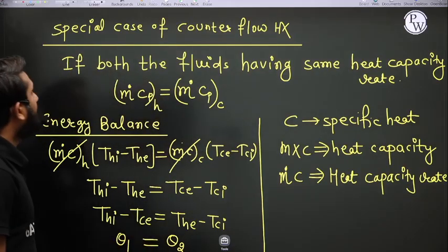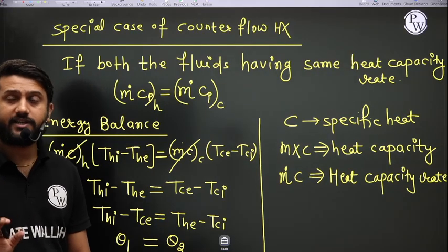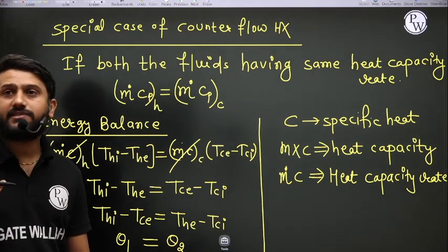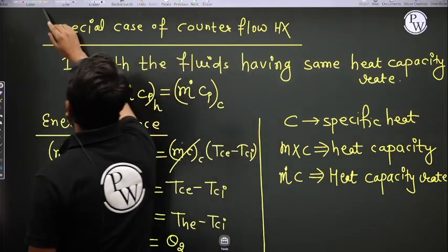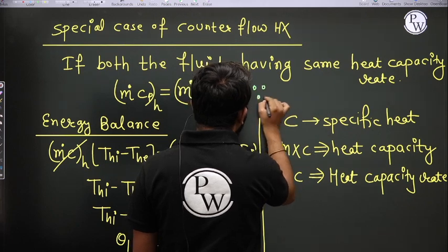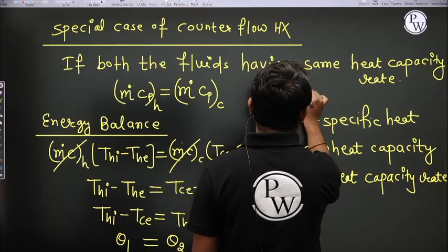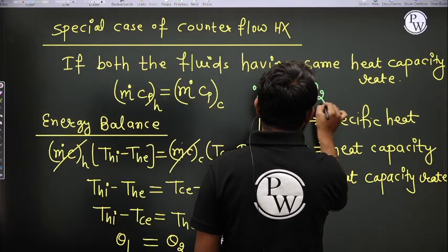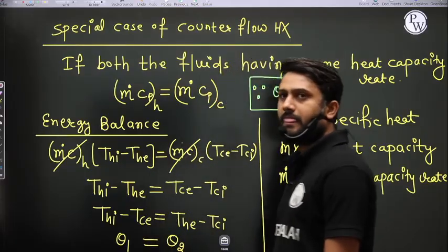That means, if you see the counter flow heat exchanger with equal heat capacity rate, then there is the equation theta 1 is equal to theta 2. This is very, very important: theta 1 is equal to theta 2.